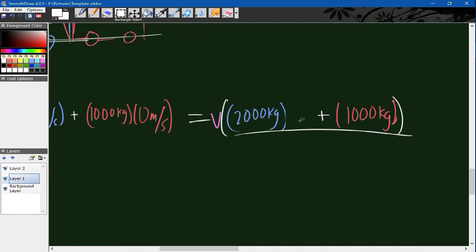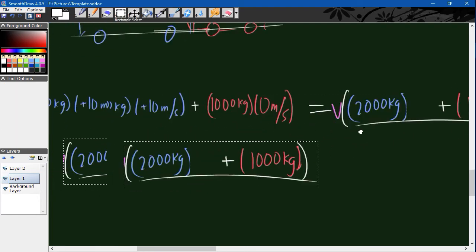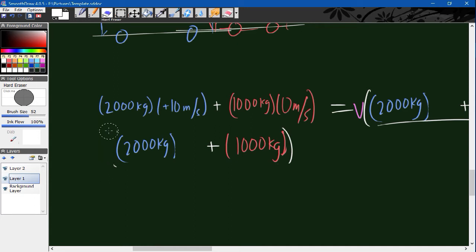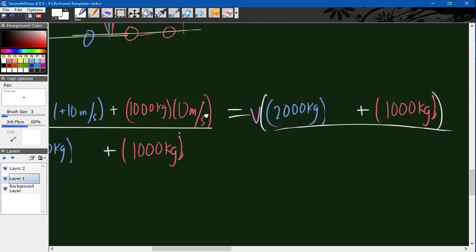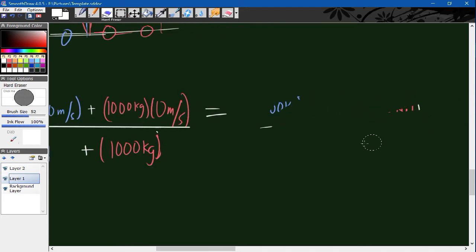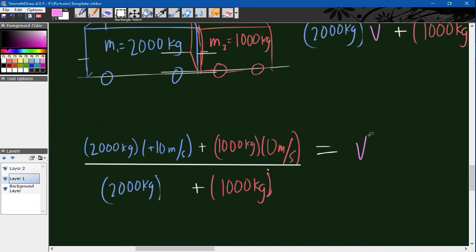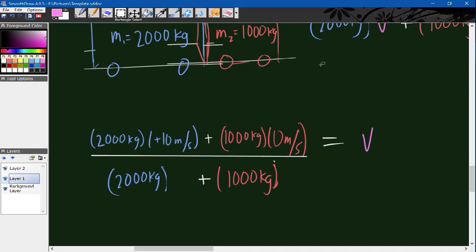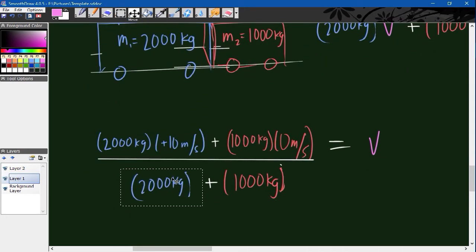So we should do a little transpose right here. We divide it. And that's basically it. That's how to find their shared velocity after a perfectly inelastic collision.